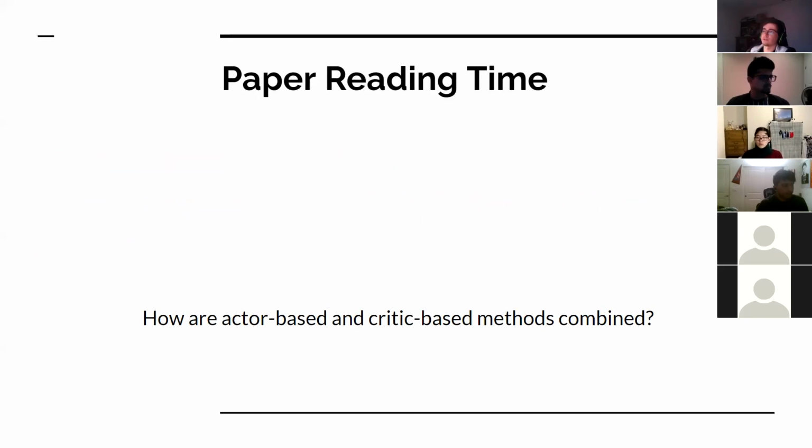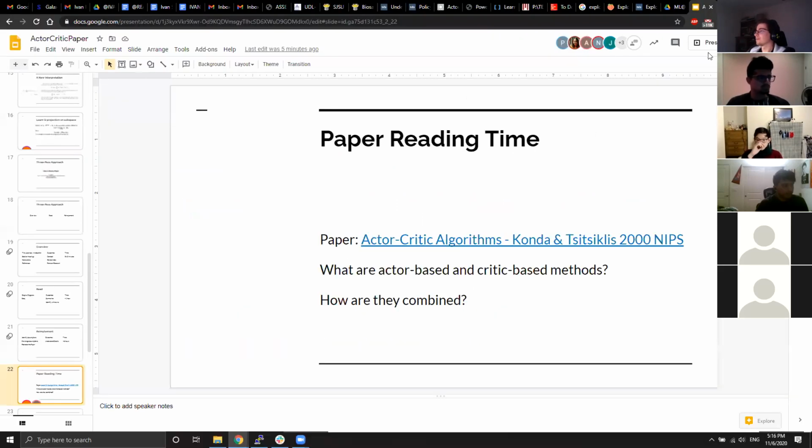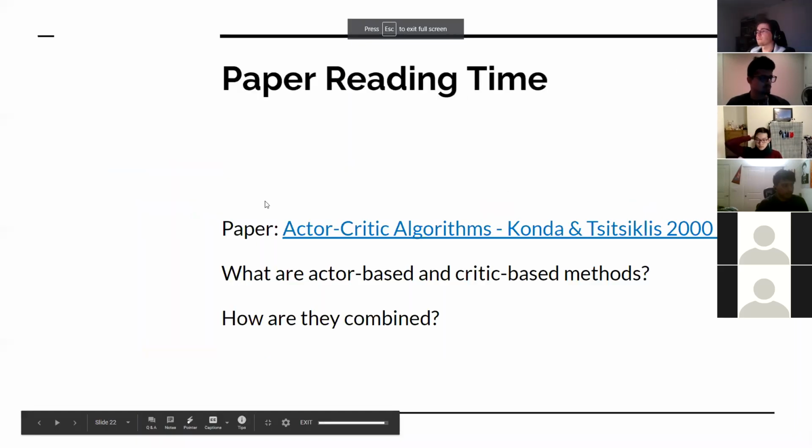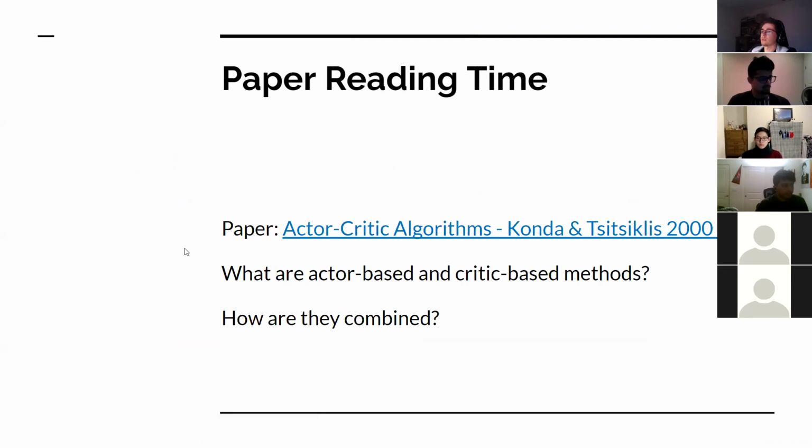For the paper reading, I want to encourage you to look at a couple of questions. I've updated the slides as we were speaking, and we have a link to the paper and two questions for you. During this paper reading, try to figure out what actor-based and critic-based algorithms and methods are, and how this paper is combining them. How does that work?